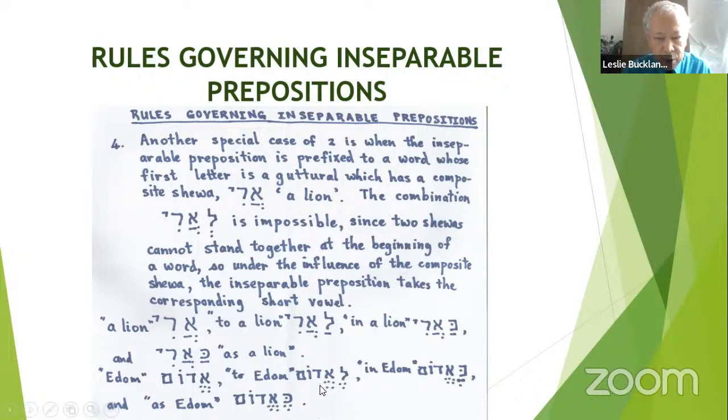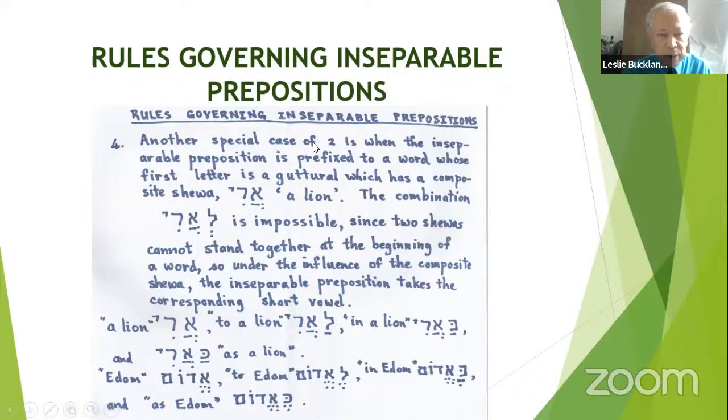The composite shua remains, and instead of having a simple shua under the inseparable preposition, it takes the same short vowel that is part of the composite shua under the first guttural consonant of the noun. So you have le edom, to Edom, be edom, in Edom, and ke edom, as Edom.